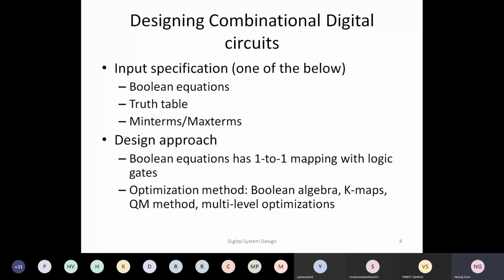Either you write a Boolean equation, or a complete truth table, or somebody will give you min terms or max terms, and then you would try to design your combinational logic. And how do you do it? See, these Boolean equations will have one-to-one mapping with your logic gates.